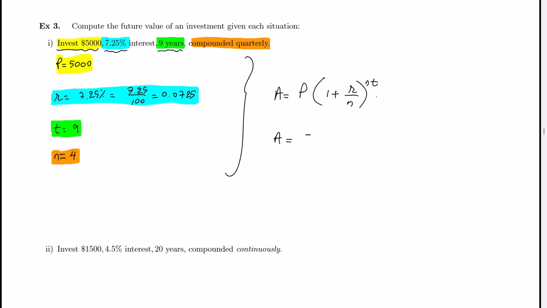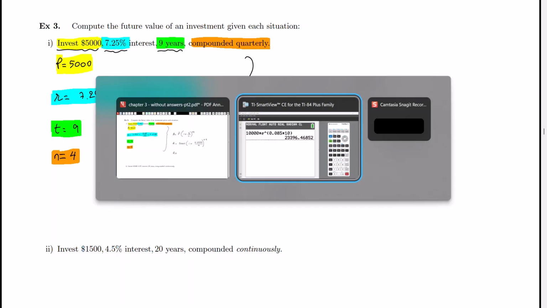So for us, that would be something like 5,000 times 1 plus r, the rate of interest, which is 0.0725, all divided by n, which is 4, to the power of 4 times the t. The time is 9. So calculator time, we'll plug it in and see what the value is.